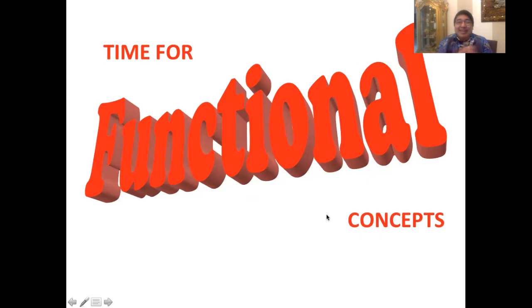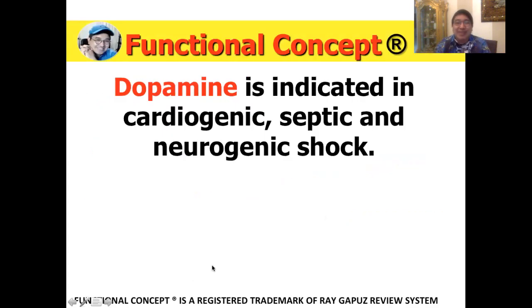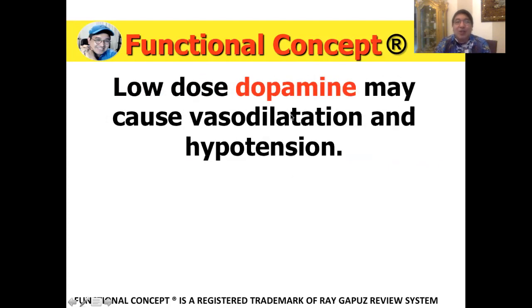Now, after we've gone through the computation, it's very important that we identify functional concepts, my favorite, for dobutamine and dopamine. Let's begin. Dopamine is indicated in cardiogenic, septic, and neurogenic shock. Low-dose dopamine may cause vasodilatation and hypotension early on in the treatment.